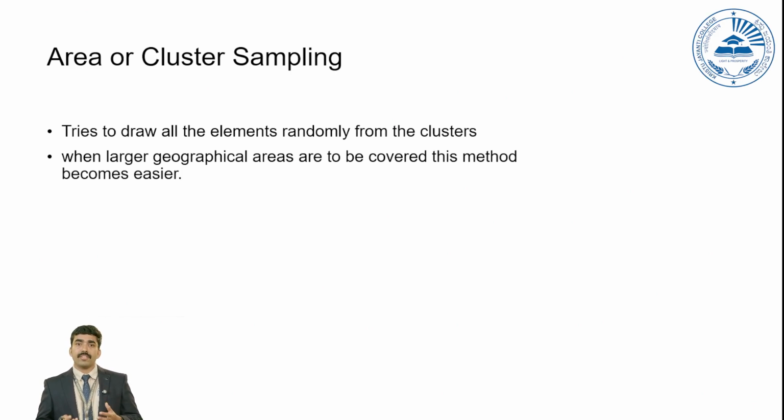When you divide, this is not the same way as we did for stratified random sampling. In stratified random sampling, we grouped based on their nature. But here, we are clustering or grouping not based on the nature. You can cluster based on any criteria.